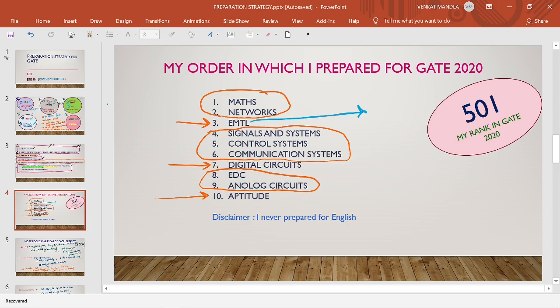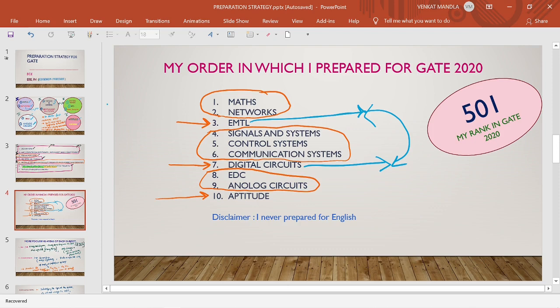I will discuss how the questions are coming from these two subjects, digital circuits and EMTL, and how the concepts are covered in GATE. We'll discuss at the end.